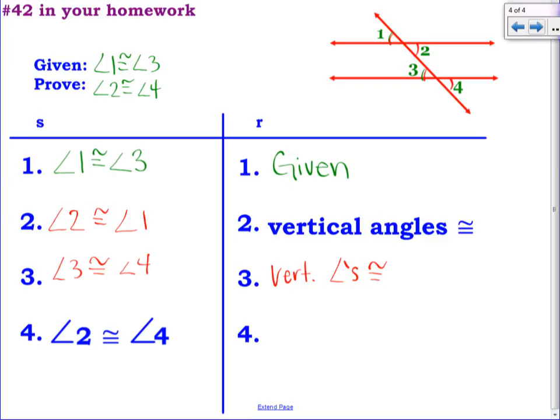So how do we know that 2 and 4 also have to be equal? What reason have we learned recently that would fit that? If this equals this and this equals this and they all end up being equal, it's linking together like a train, all of those equal objects.